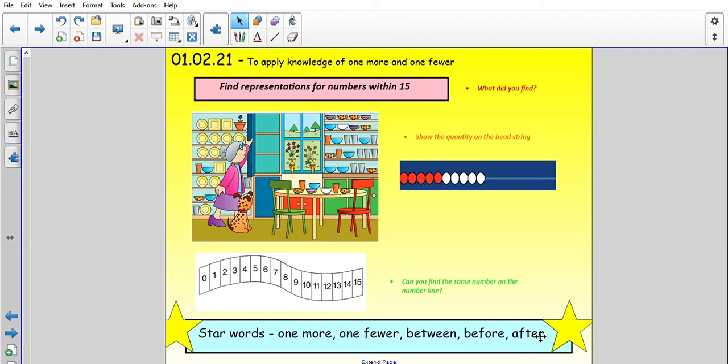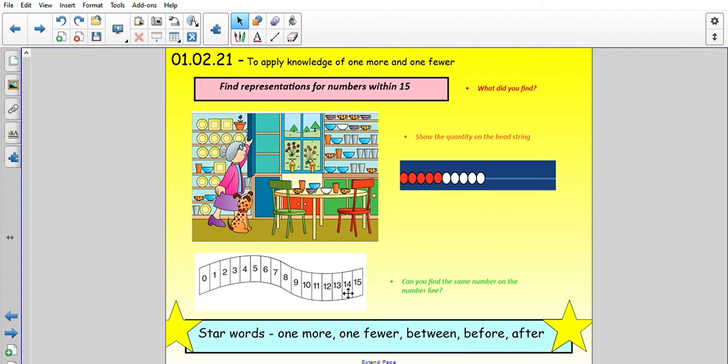Let's have a little think about what we did last week when we were finding representations for numbers that were 15 or less, and we spent a lot of time looking at old Mother Hubbard here and her dog and all of the things on her shelves and through her windows and her table and her chairs, and we found lots of things that were 2s or 3s or 12s or 13s, and we showed them on a number string or on a bead string, and we also showed them on a number line.